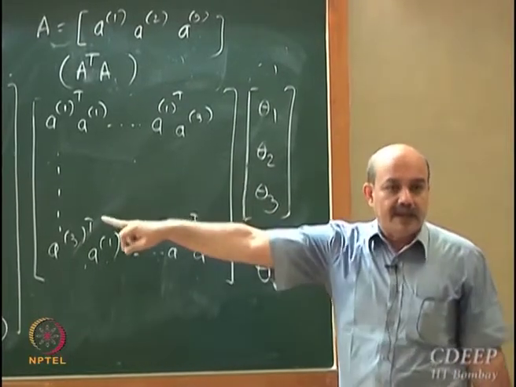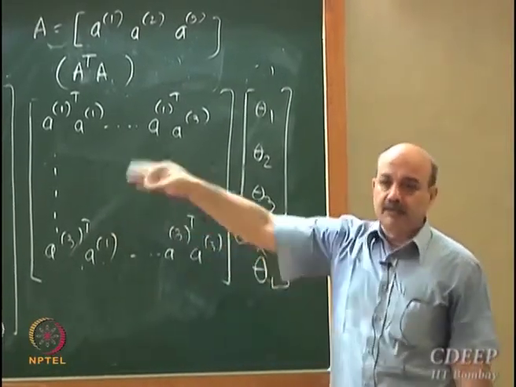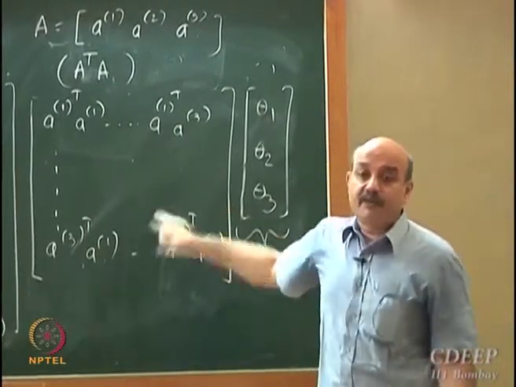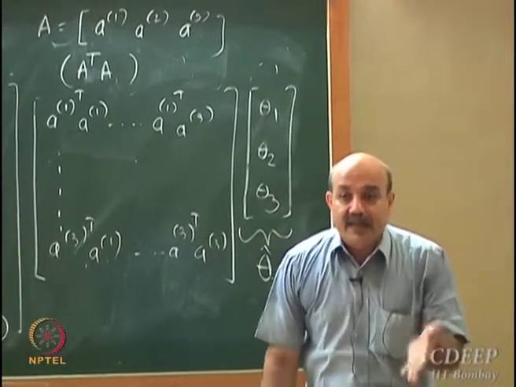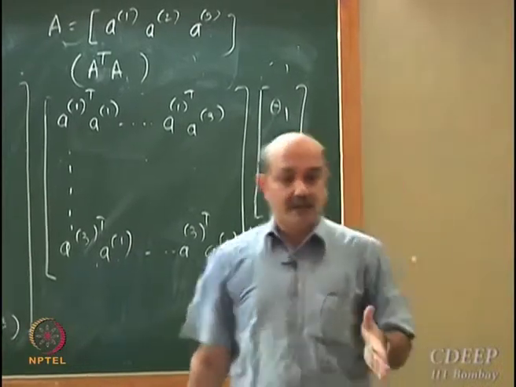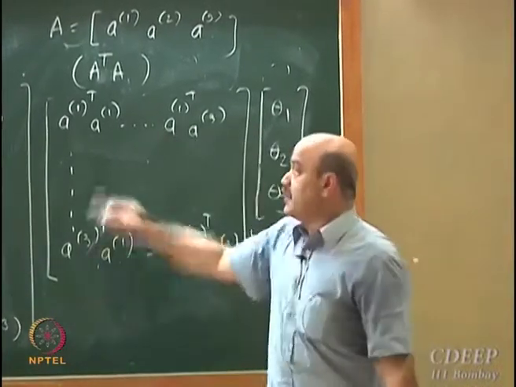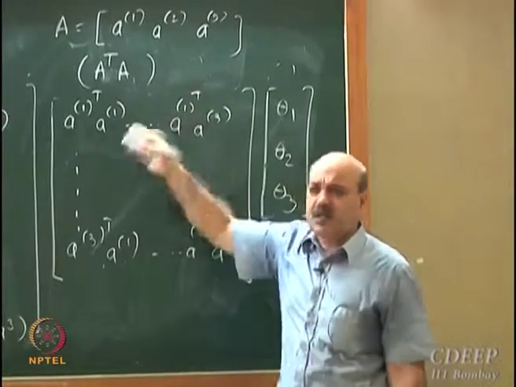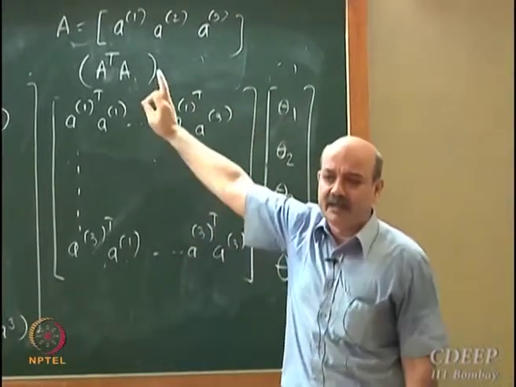How is it computed? A transpose A times theta is equal to A transpose u. If the columns of A are linearly independent, A transpose A is always invertible. This is always a square invertible matrix, symmetric, positive definite, a very very nice matrix.